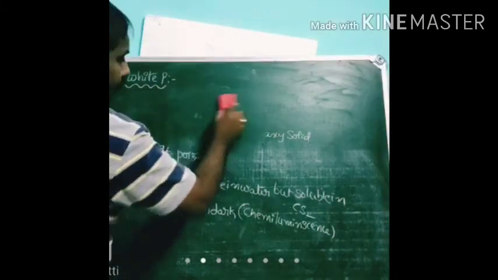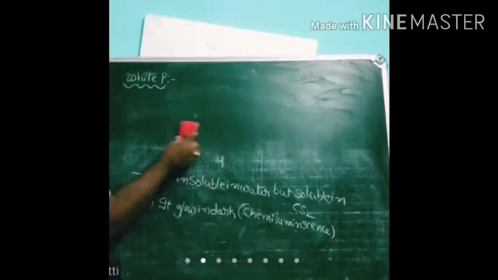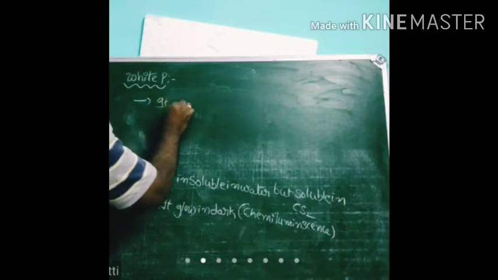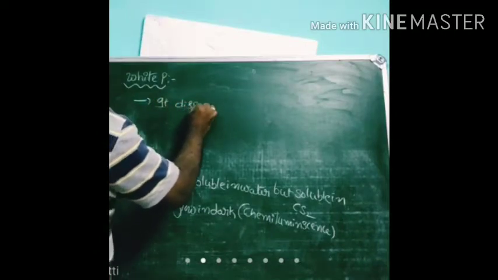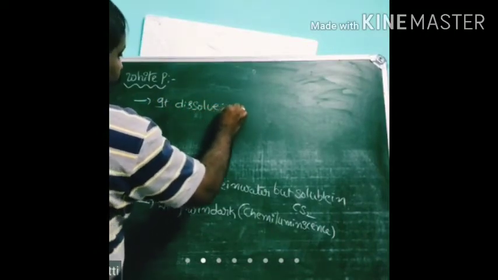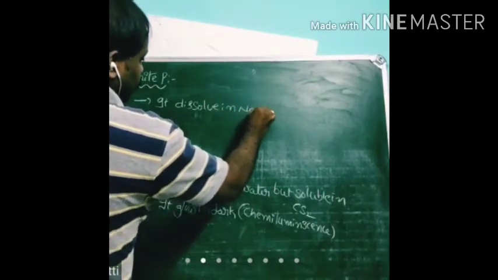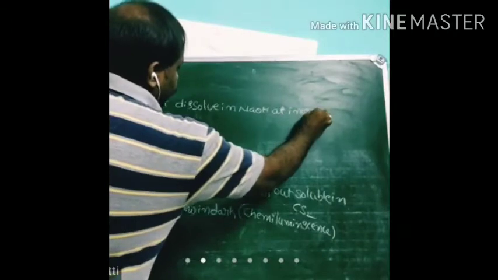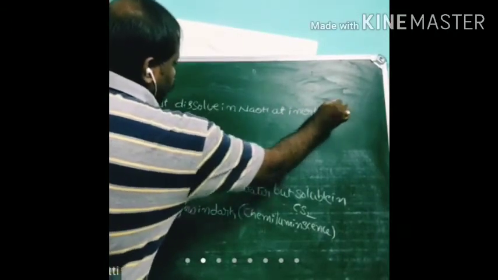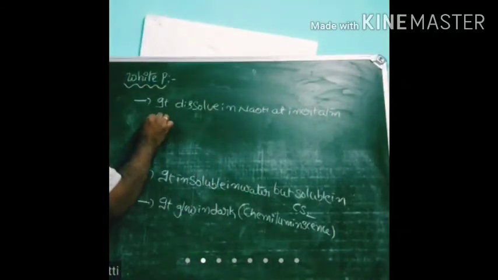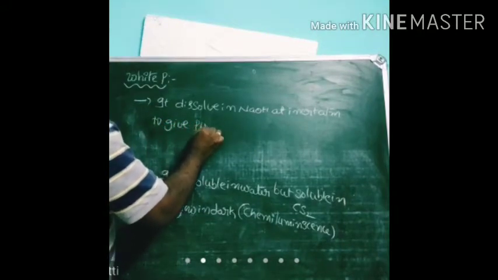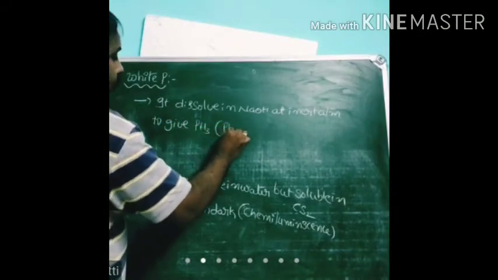Next property, it dissolves in NaOH at inert atmosphere to give PH3. This is called phosphine.